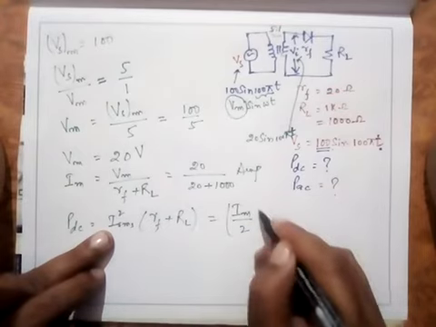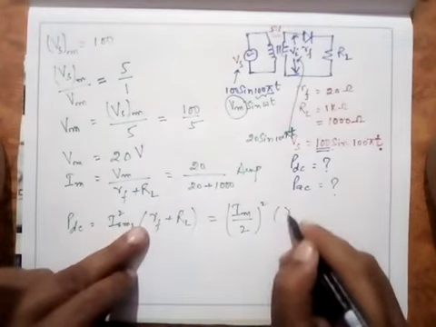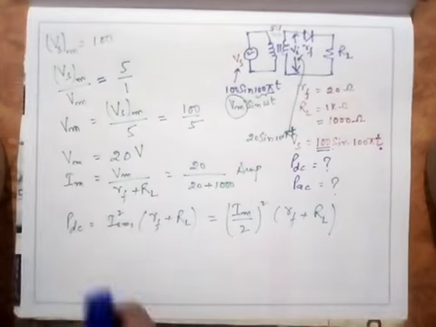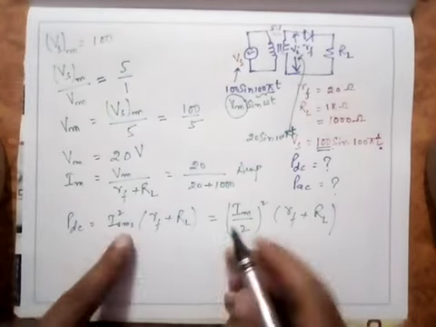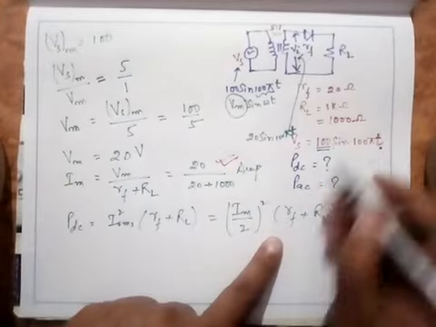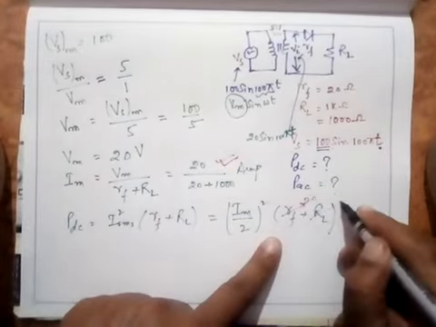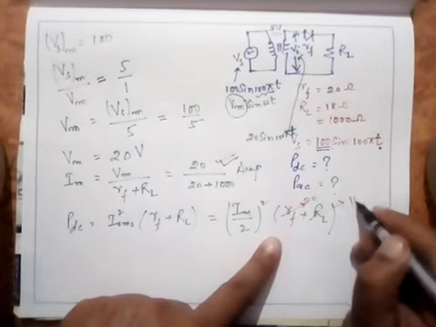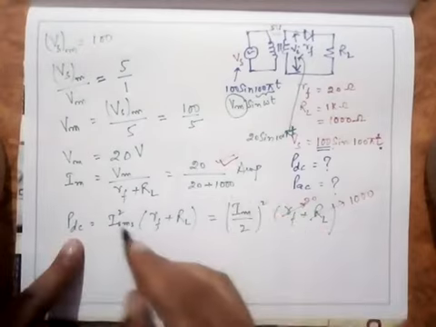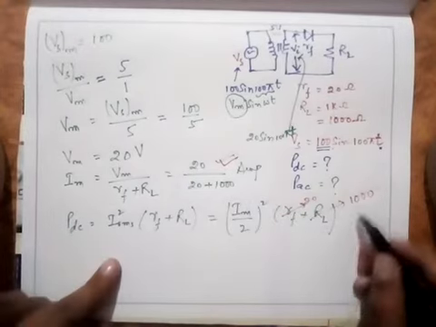So it is Im by 2 whole square into Rf plus RL. Simply substitute the values of Im, which is this much that you have already calculated. Rf is 20, substitute the value of this as 20, and RL as 1000. With Im equal to this much, you will get the value of P_AC, that is, it is equal to this much watt.